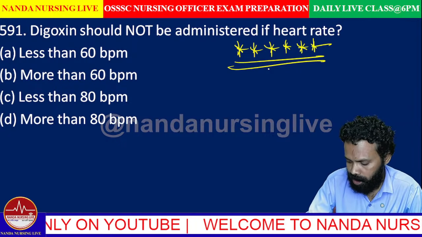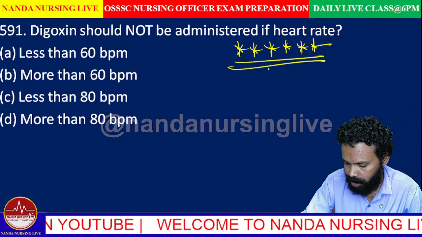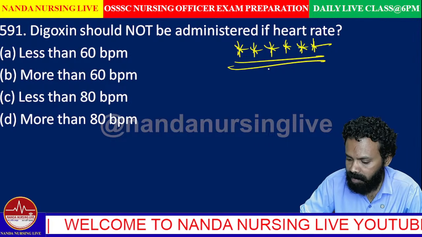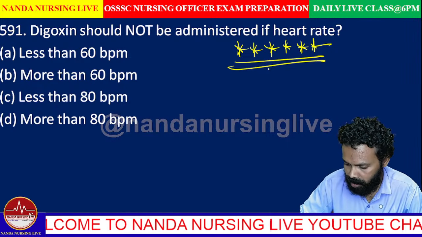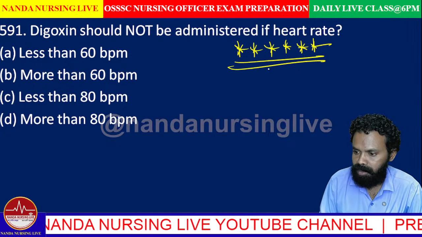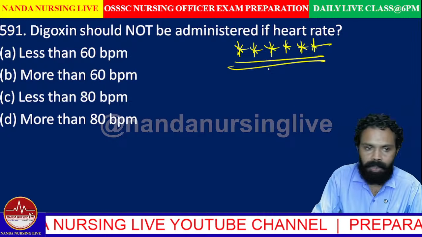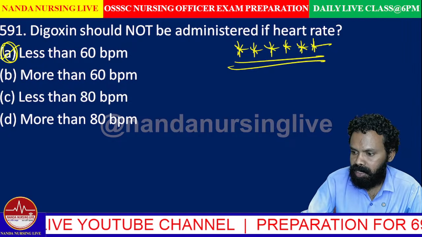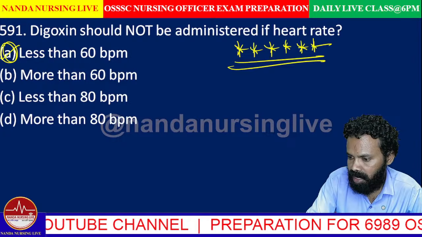This is a very important MCQ, for the exam. So which option is the correct answer? The correct answer is option A, less than 60 beats per minute.